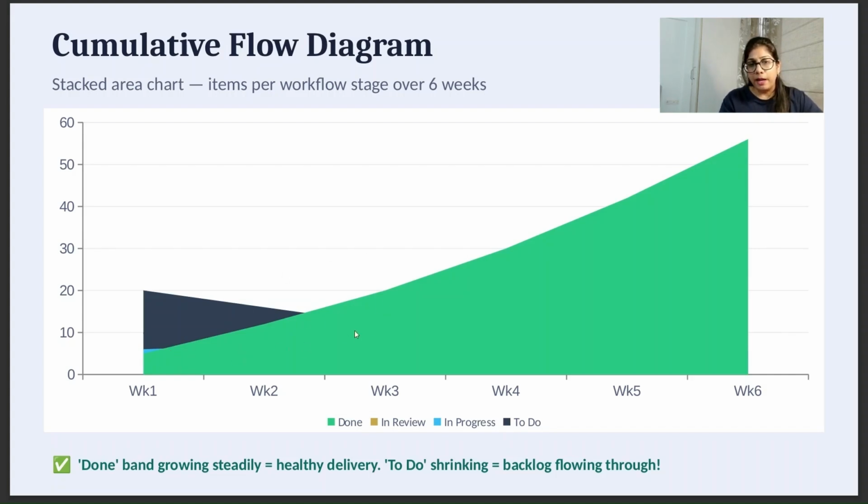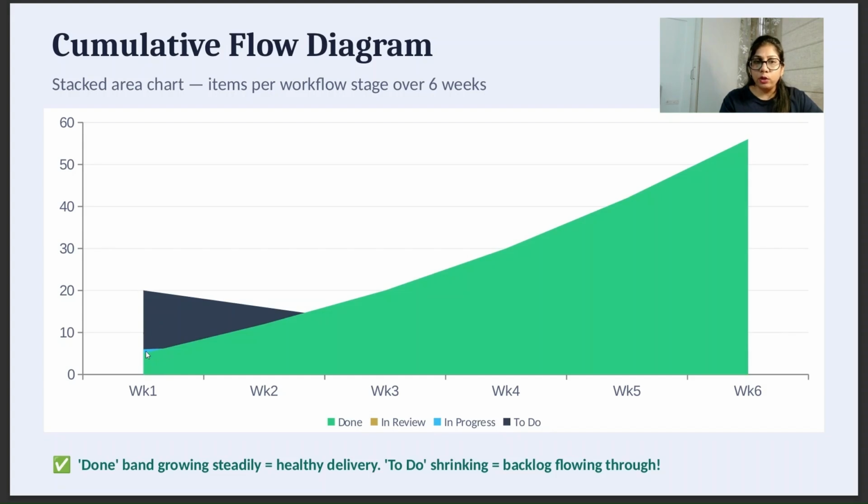If the done band is growing steadily, as you can see here from week 1, week 2 until it reaches week 6 of the sprint, it means it's a healthy delivery.